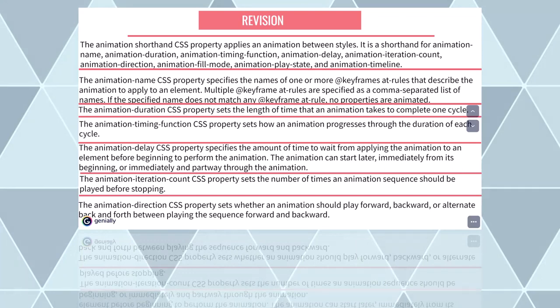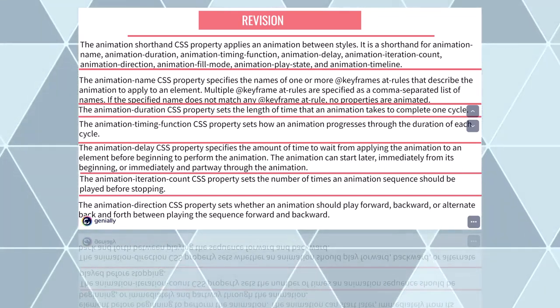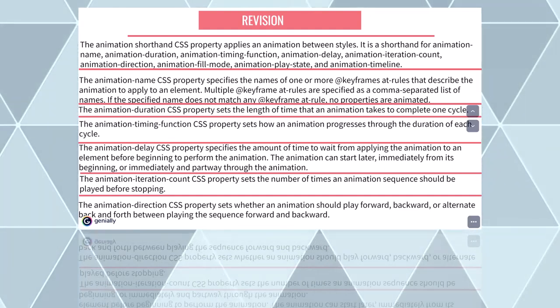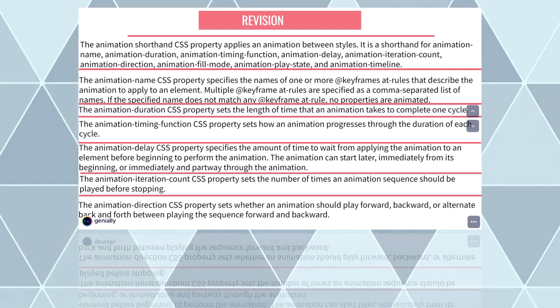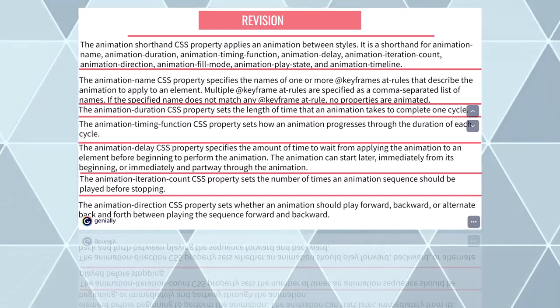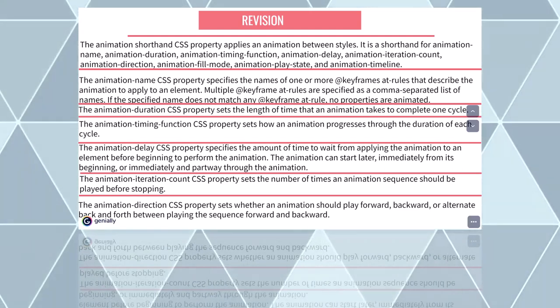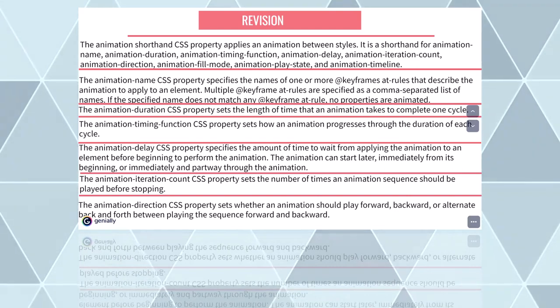The animation name CSS property specifies the names of one or more keyframes at-rules that describe the animation to apply to an element. Multiple keyframe at-rules are specified as a comma-separated list of names. If the specified name does not match any keyframe at-rule, no properties are animated.